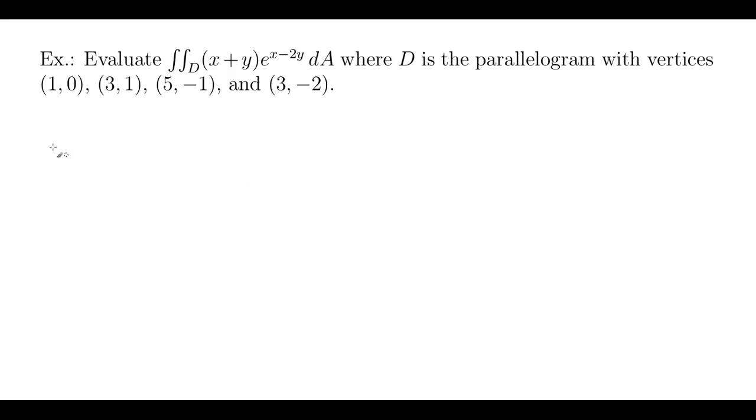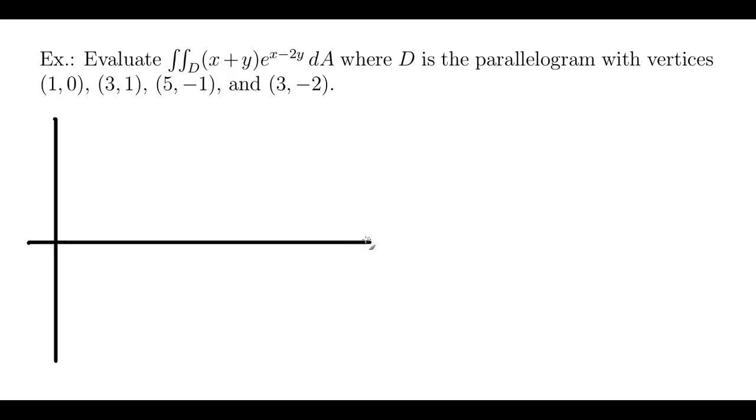It isn't strictly necessary, but let's go ahead and produce a rough sketch of what D looks like. Let's see if that's enough space for us. If we do about 1, 2, 1, 2, 1, 2, 3, 4, 5. Yeah, I think that'll work.